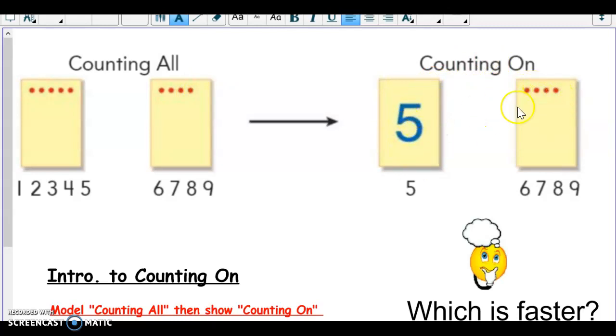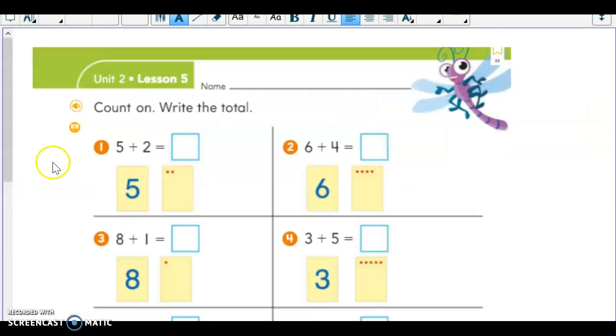So you don't have to count all the dots. So right here, our little emoji is saying, which is faster, counting all of the dots or counting on? What do you think? I think counting on is faster because you start at a number already, like a higher number, and you just count up a few instead of counting all of them.